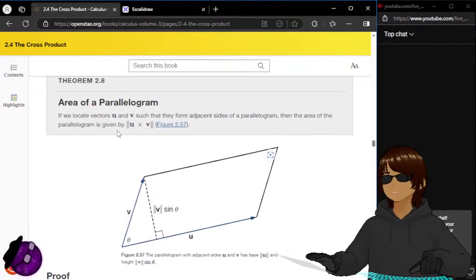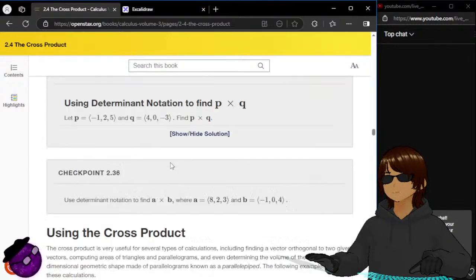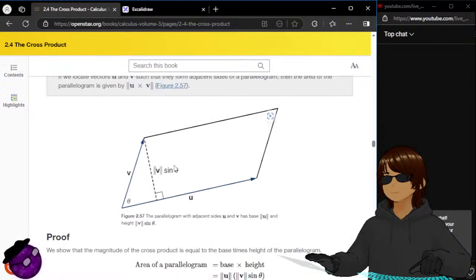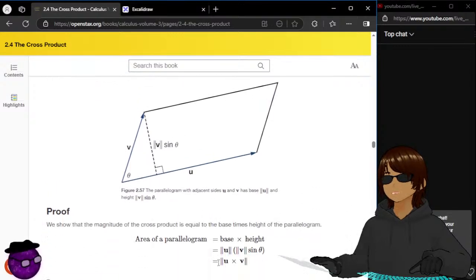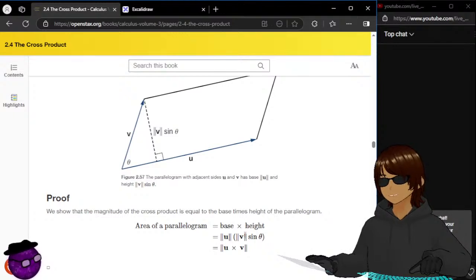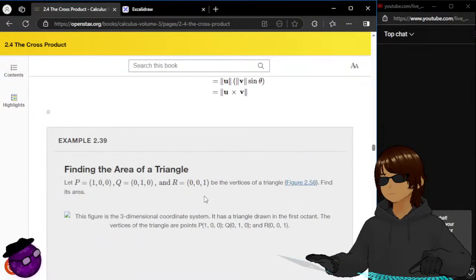Wait a minute. Magnitude of V, magnitude of U. The area is given by, yeah, this. The base times height, times it by magnitude of V sine theta. All of this is the magnitude of the cross product.